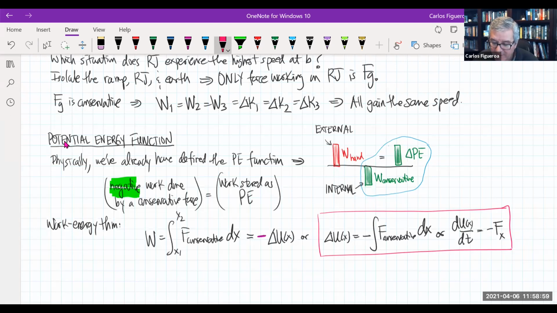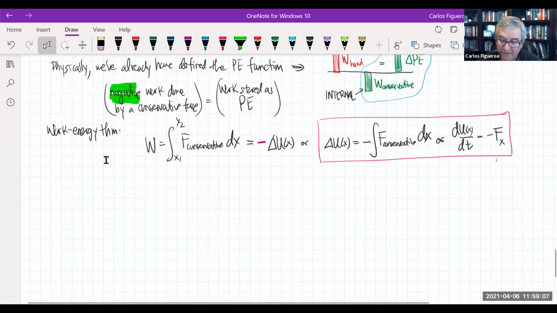So that's what our picture shows, and that's what it is right here. So let's go look at the details. That's our definition of potential energy.